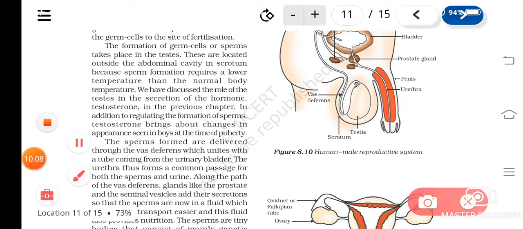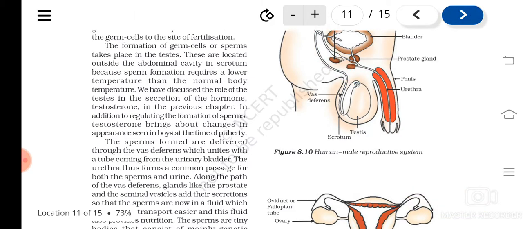You can see it overlapping the ureters and it joins a tube that is coming from the urinary bladder. As I told, there is only a common pathway for urine and for the sperms.